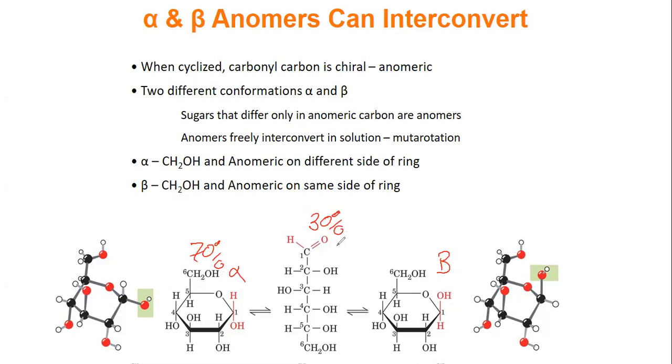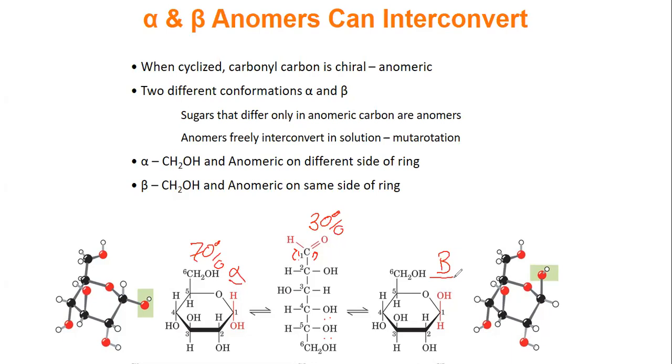And what could happen when this linear form reopens, right? The OH that's doing the attacking can attack from either side. It's hard to show in a 2D image, but it can attack here or it can attack here, which means in a real life monomer, alpha and beta are constantly switching.